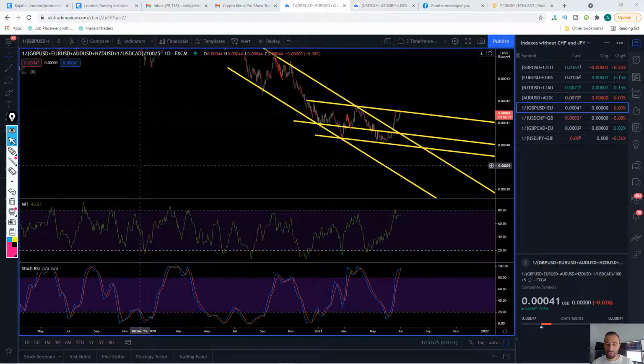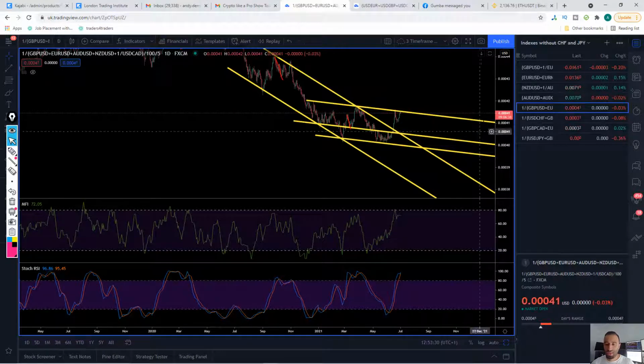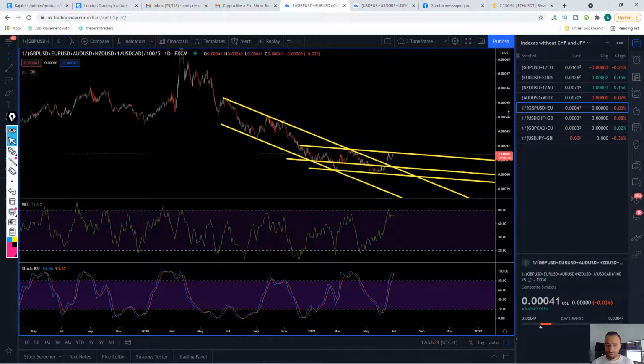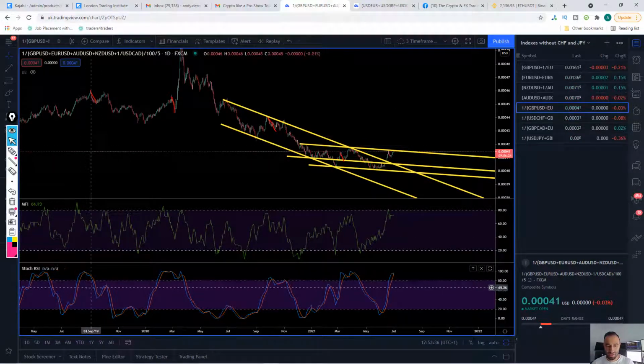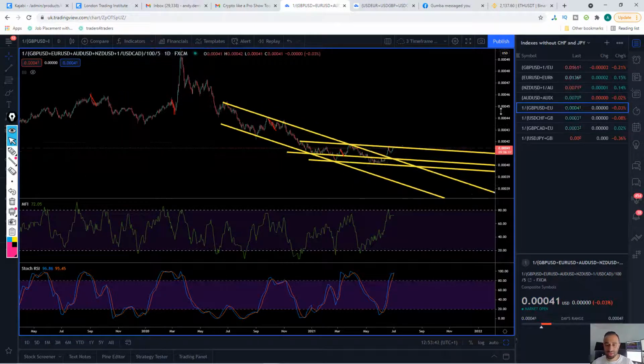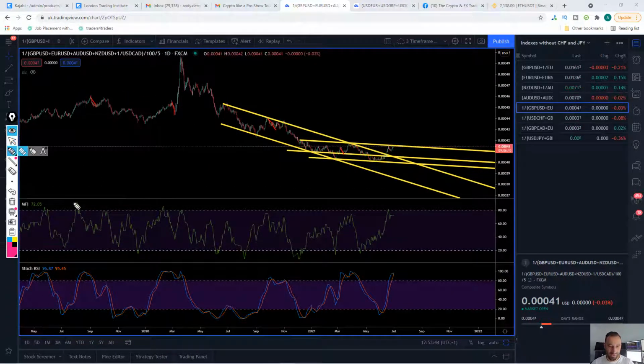I just want to show you something I've picked up. Looking back at my stochastic RSI, I noticed that this index likes to create almost double tops in the stochastic RSI, as you can see there.